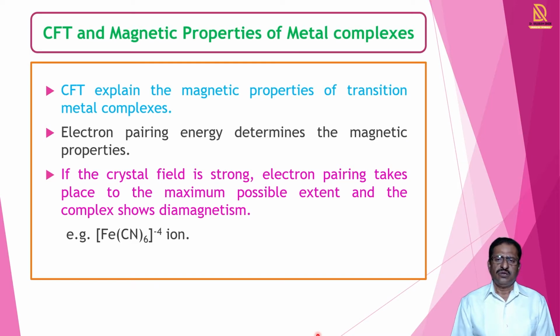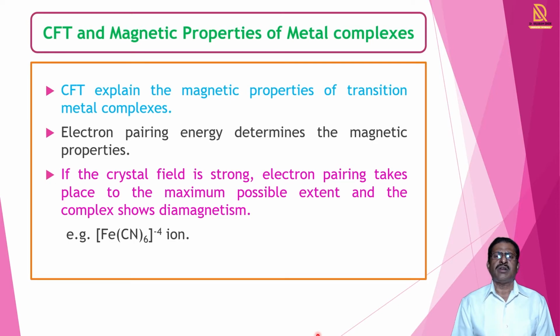Now we see crystal field theory and the magnetic properties of metal complexes. This crystal field theory also explains the magnetic properties of transition metal complexes. In transition metal complexes, electron pairing energies are observed.